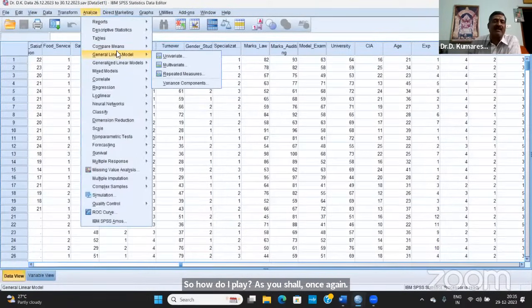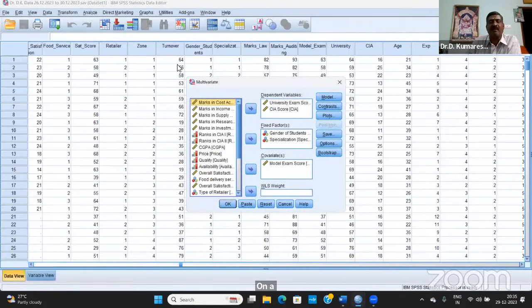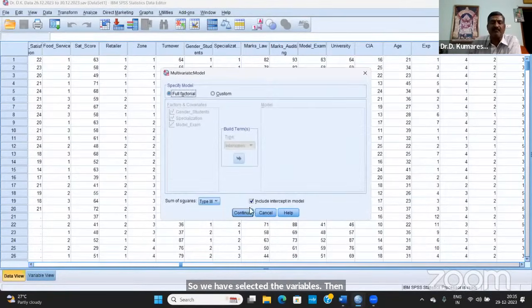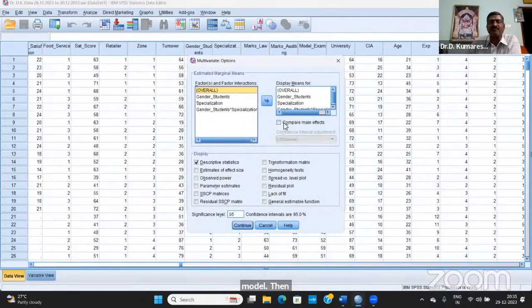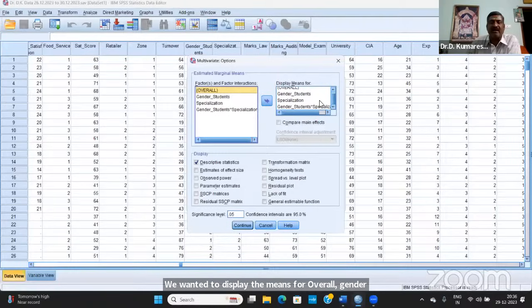Analyze, general linear model, multivariate. So we have selected the variables, then specified the model, then we have selected the options. We wanted to display the means for overall, gender, specialization, and gender and specialization interaction. Then we wanted descriptive statistics also.